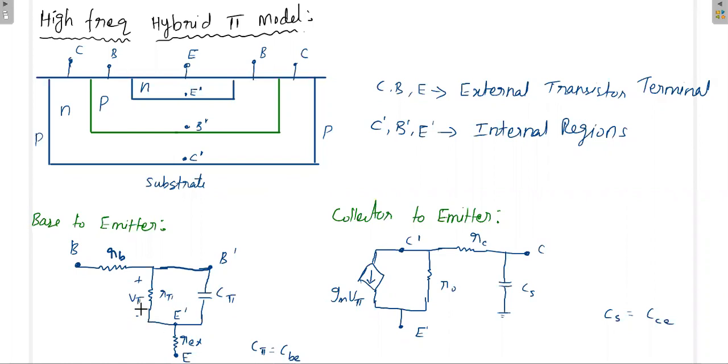So the V pi voltage is developed, but the new component comes, that is C pi. There is a capacitance between the internal base region and internal emitter region, which we denote as C pi or CBE, the capacitance between the base and emitter.